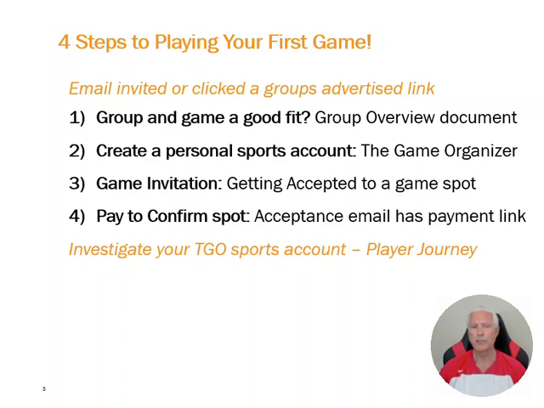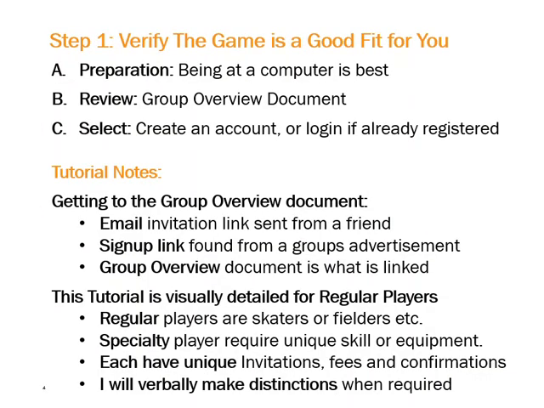So the sign up should only have taken a few minutes, and if it's not already done, this is the process you're going to go through. Step 1 is simply to verify whether the game is a good fit. You don't know the group very well. You might have had a friend who invited you, or you might have clicked an advertising link that was looking for players, looking to fill a game that was coming up.